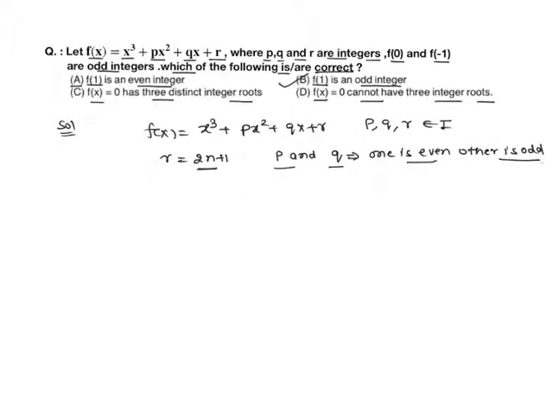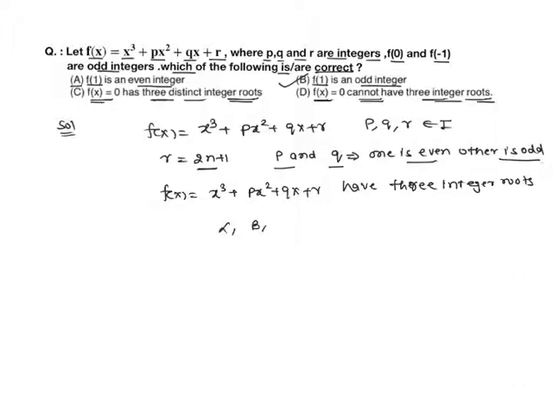C option is given fx equals to 0 has three distinct integer roots, and D option is given fx equals 0 cannot have three integer roots. So we'll check if fx equals to x cube plus px square plus qx plus r has three integer roots, that is alpha, beta and gamma.